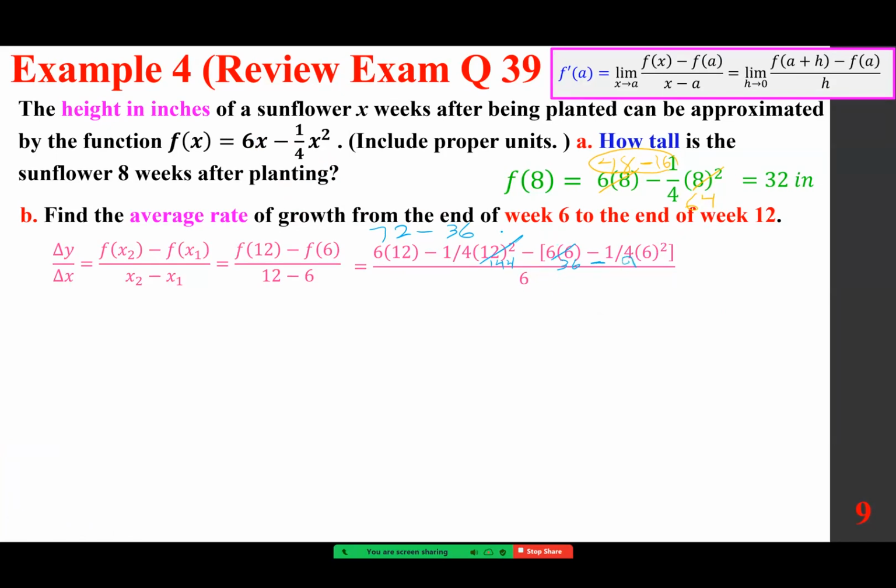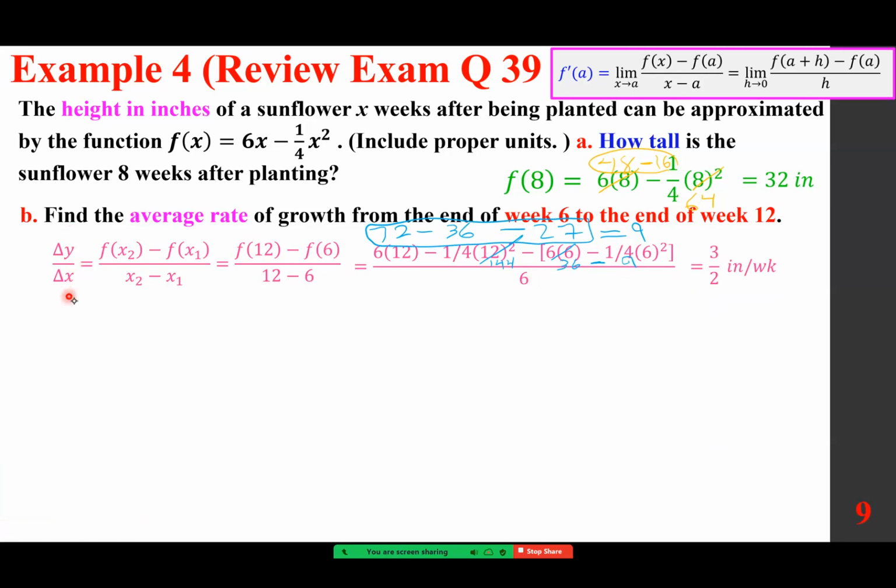Okay, and so we have minus 36 minus 9 is 27. This is the numerator, 72 minus 36 minus 27. Everything in the numerator simplifies to 9. 9 over 6, 3/2 of an inch per week.